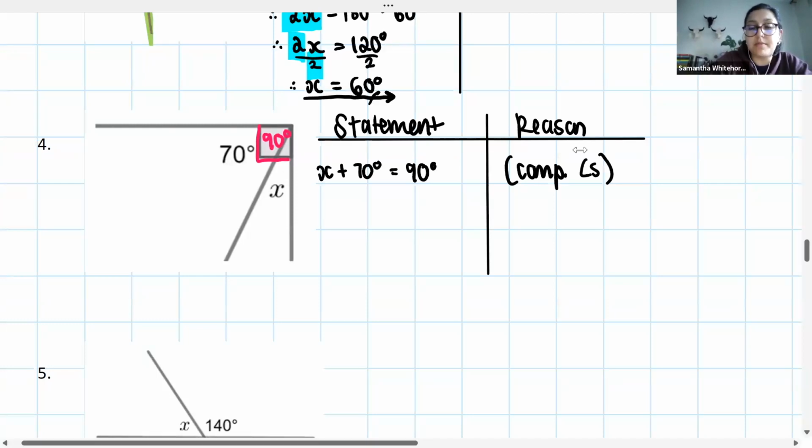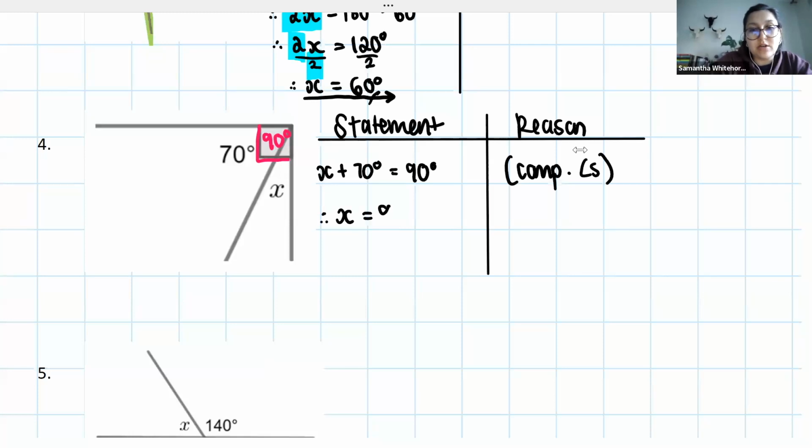complementary angles. Again, remember, mathematicians are lazy. If we can abbreviate something, we will. We now solve. This is a nice, easy one. Subtract 70 on both sides. And so we get that x is equal to 20 degrees. And that's all because we knew that this was a complementary angle, an angle that added up to 90 degrees.